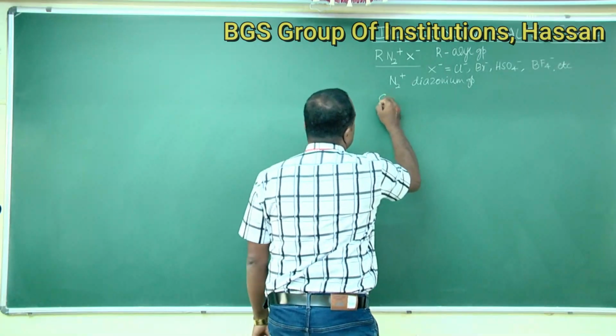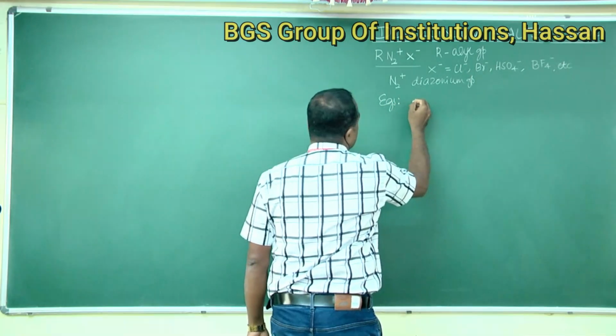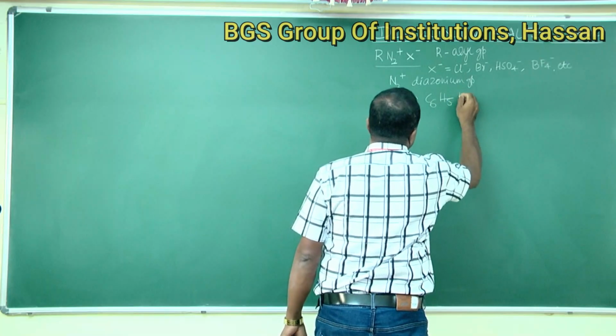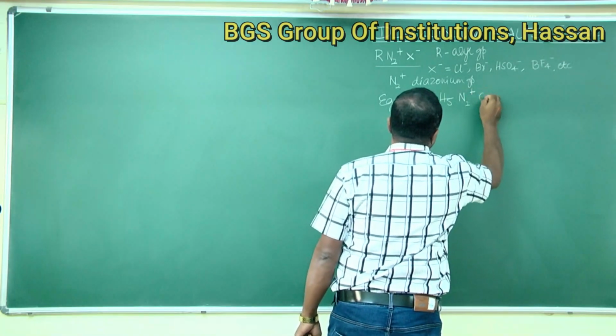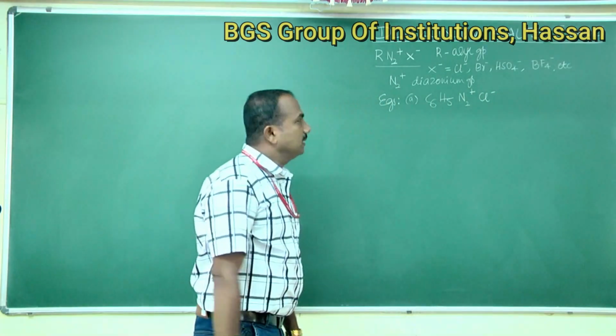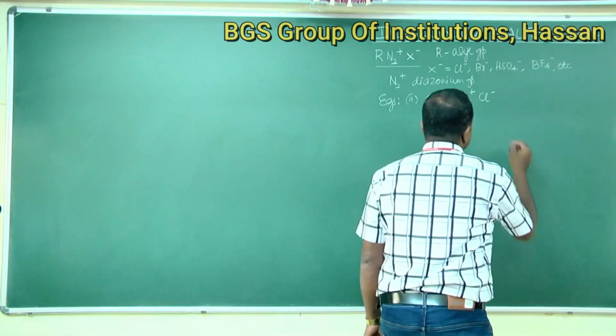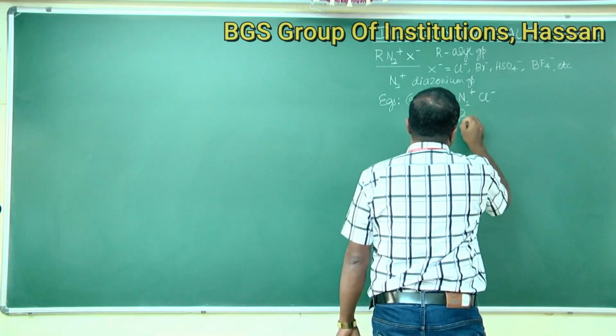Examples of diazonium salts: first, C6H5N2+Cl-, this is benzene diazonium chloride.